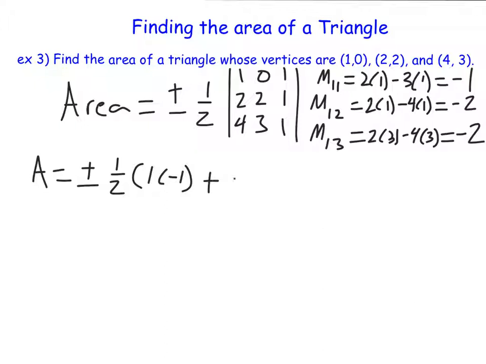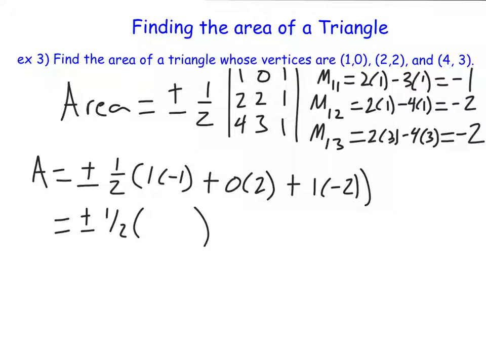This works out kind of nice. 0 times technically 2, because remember that second minor, I switched the sign. And then 1 times negative 2. And then it's a bunch of number crunching. Everything in those parentheses simplifies to negative 3.